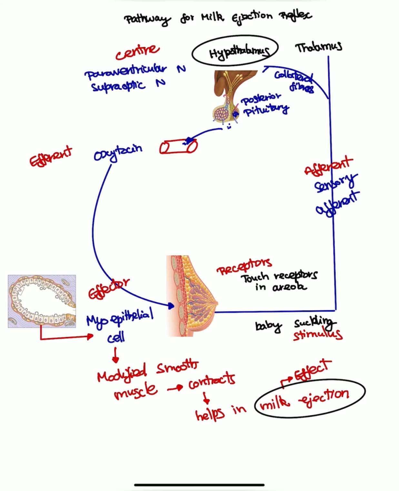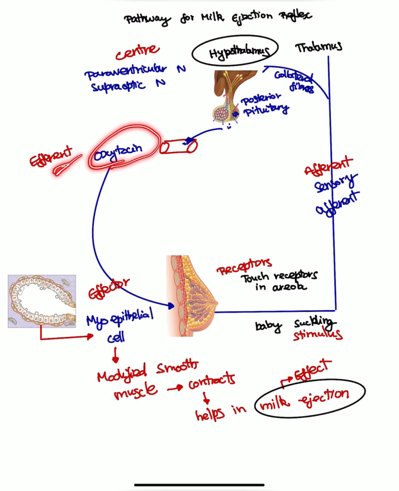Just to recap, the stimulus here is the baby suckling. The receptor is the touch receptor present in the areola. The afferent is the sensory afferent and the collateral fibers. The center here is the paraventricular nuclei and supraoptic nuclei of the hypothalamus. And the hormone produced is oxytocin, which will be released from the posterior pituitary.